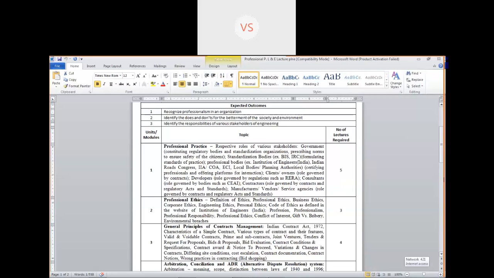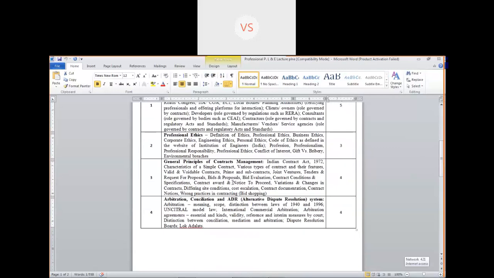You can see the first module is all about professional practice. The second module is about professional ethics. The third is general principles of contract management. Then arbitration, especially the ADR system, that is the alternative dispute resolution system. This is all theoretical, with some laws we are going to discuss.